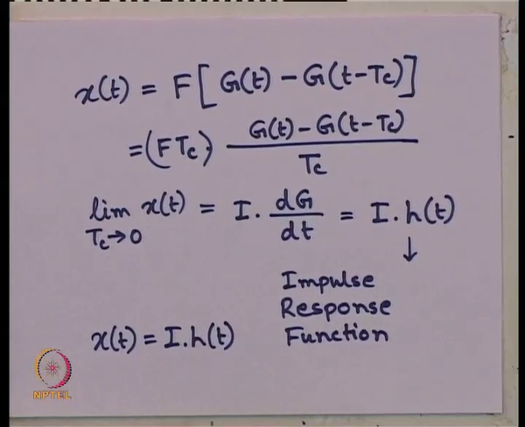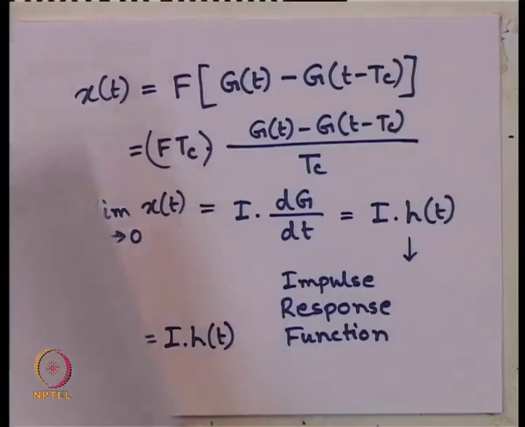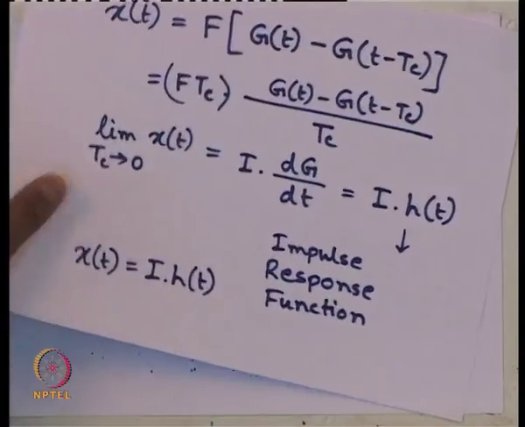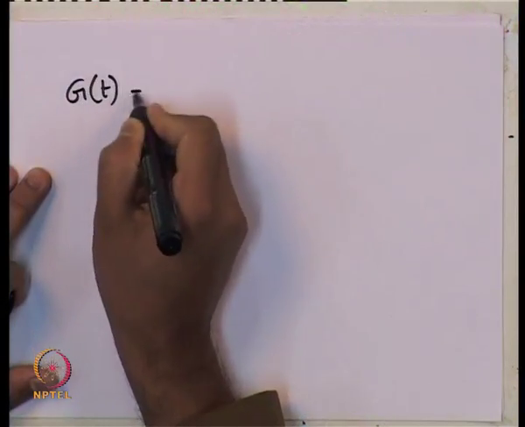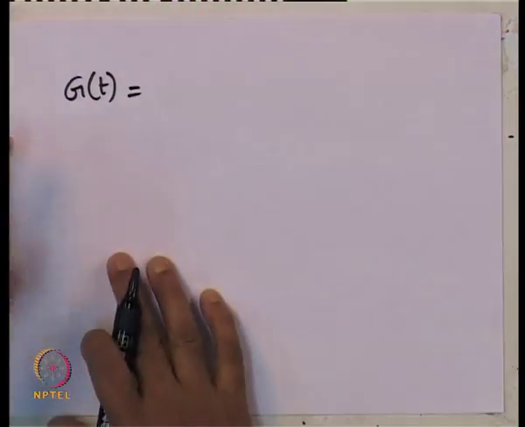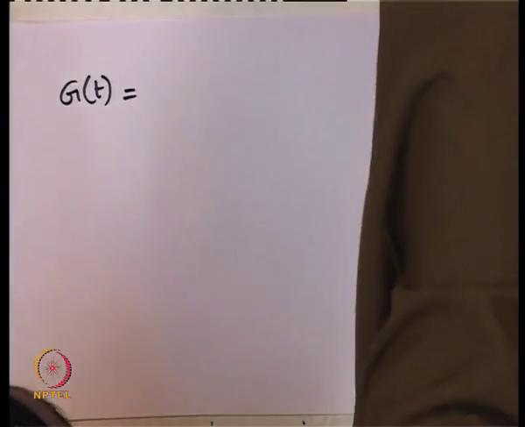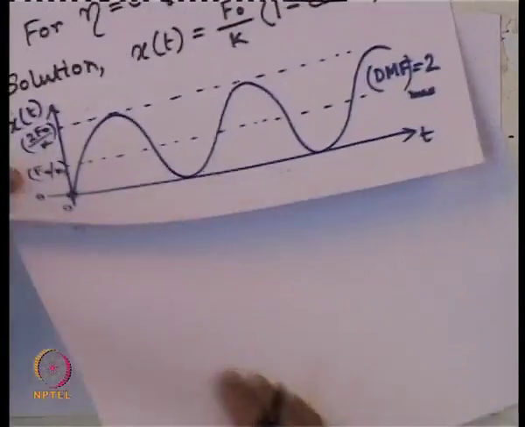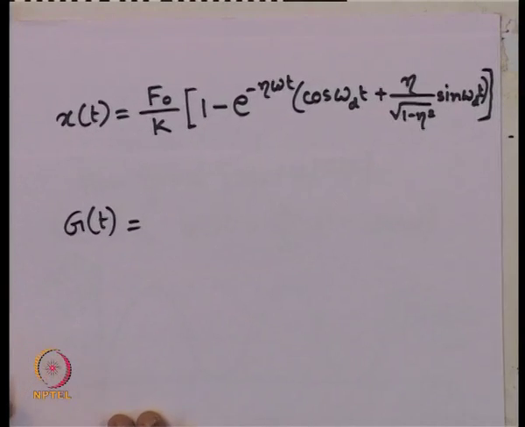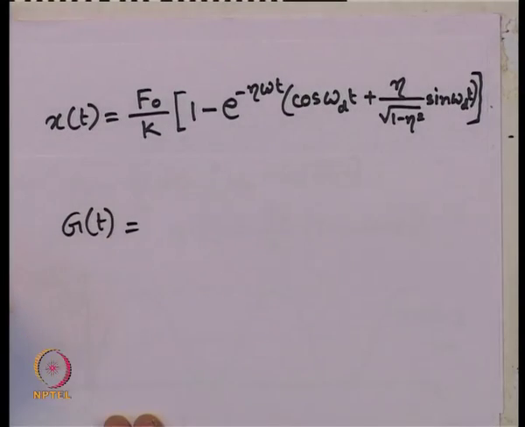Now, how can this magnitude of h of t be obtained? This is simple. Let us take the solution of g of t, then it will be easy for us to follow. What was the solution of g of t? If we go back to our previous solution, this was our solution for indicial response function.